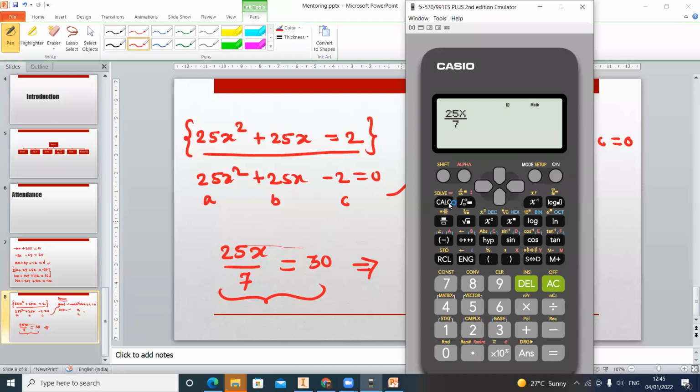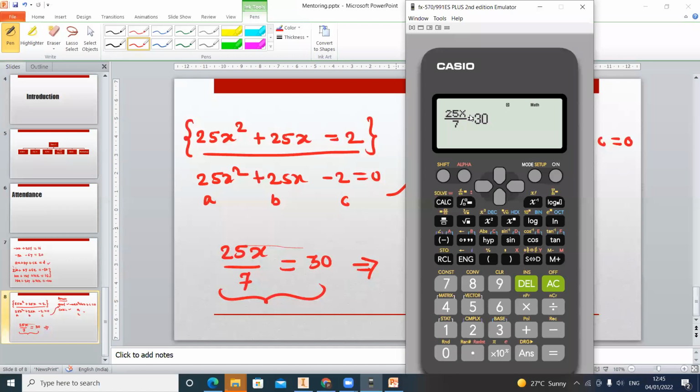Just above this calc button you can see the solve and equal to sign. For this equal to sign, again press the alpha button and press calc. So you can enter the equal to sign in the equation, and then on the right hand side we have 30. Here we have entered the complete equation, 25x upon 7 equal to 30.